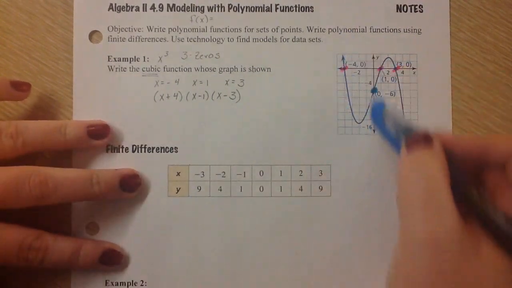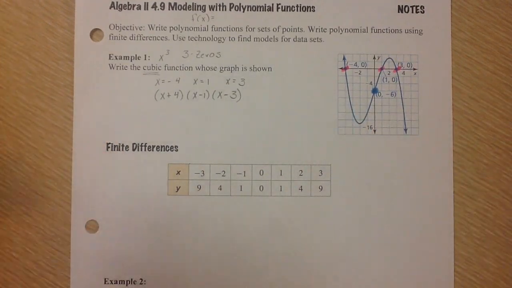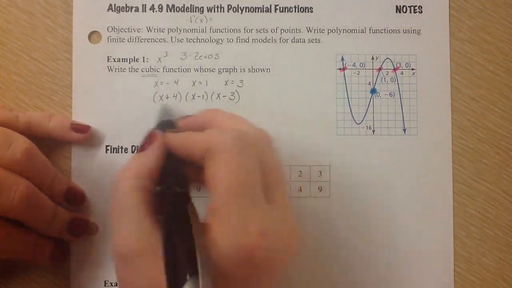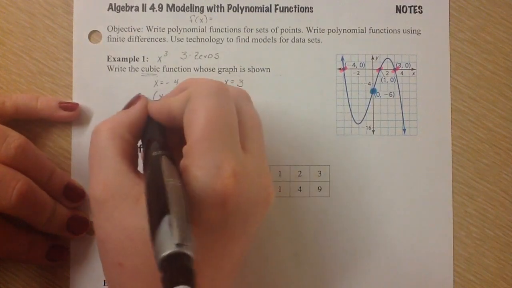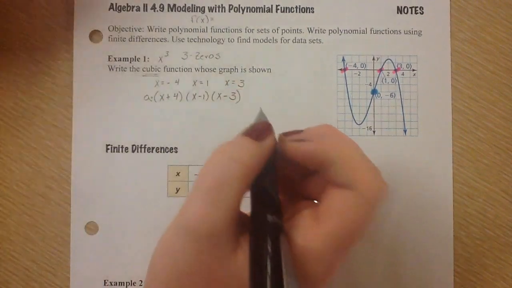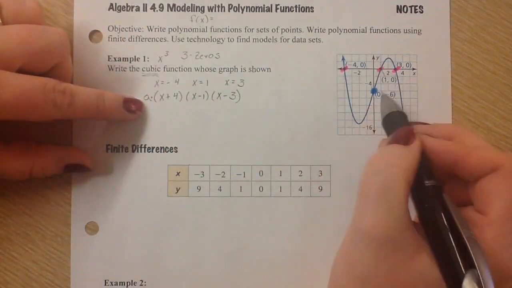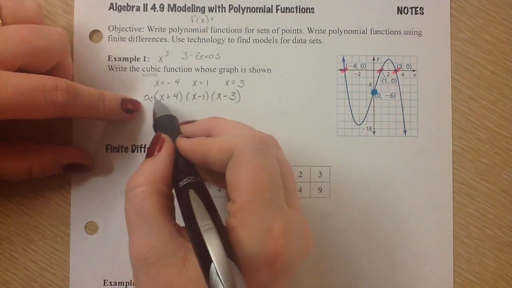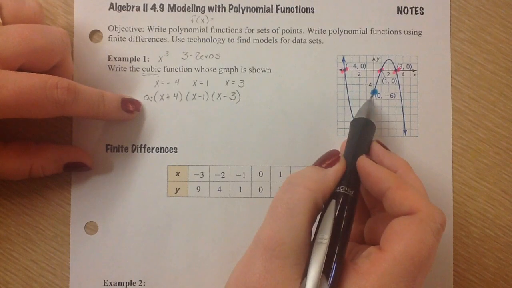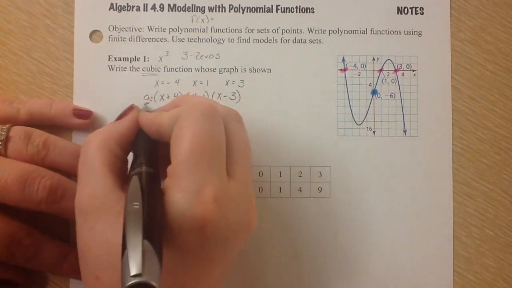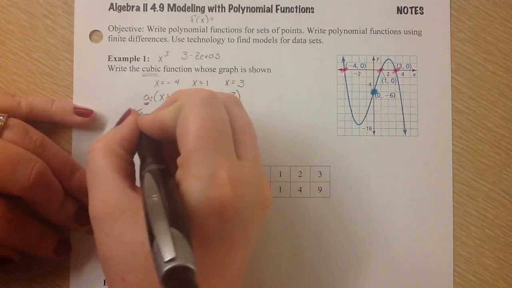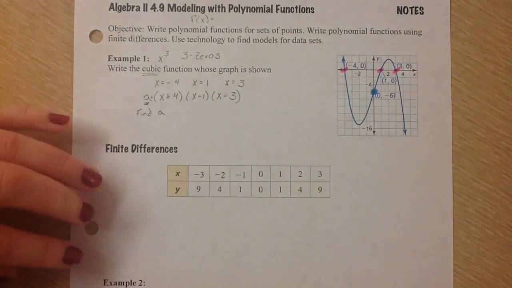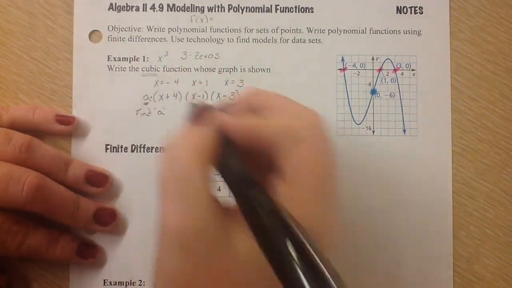To make sure it goes through that point, there could be some constant multiplied out front, some a, that will either stretch or shrink or reflect this to make it go through that point. But we don't know what that a is. So that's going to be our first step, finding what a is.